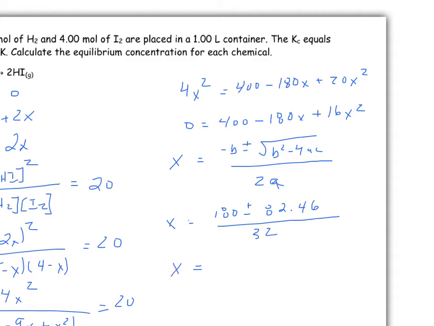If I add 82 to my 180, I get an answer of 8.20. If I subtract the 82, I get an answer of 3.05. Now only one answer will be correct. If you have a look at your ice table again, the 8.2 doesn't make any sense at all.